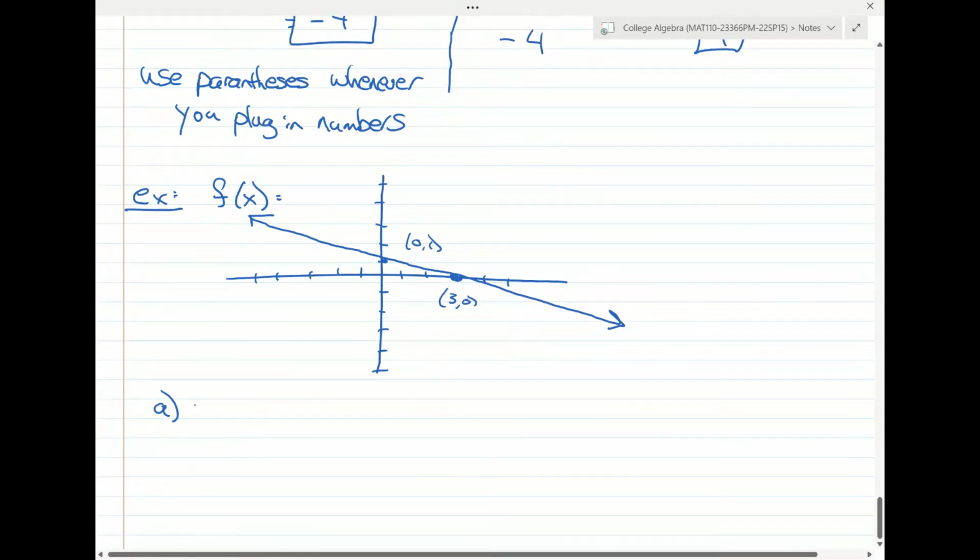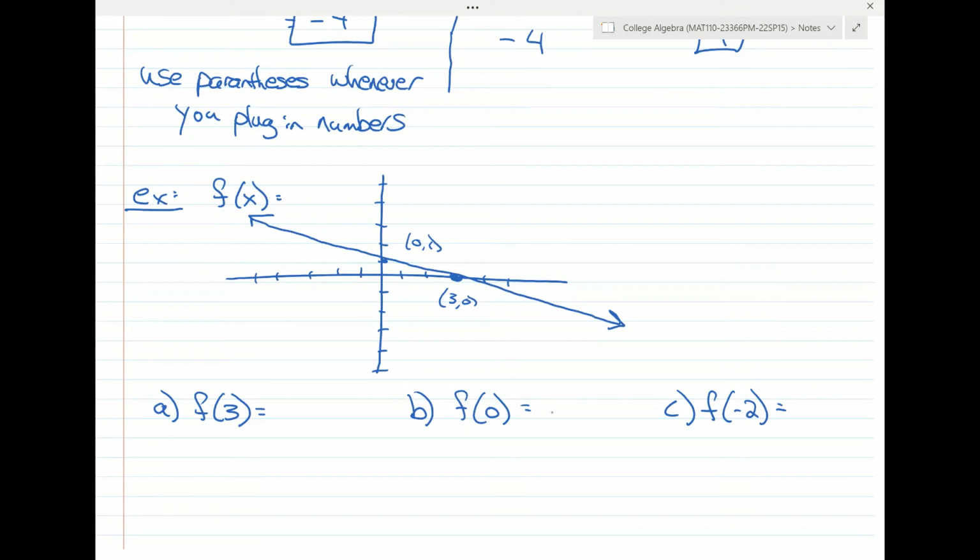I want to try to figure out what f of 3 is, what f of 0 is, and then what f of negative 2 is. Remember what this is asking you.